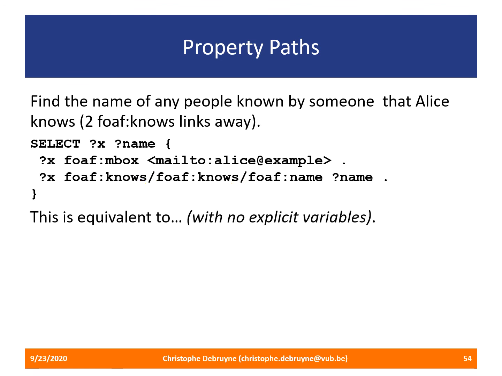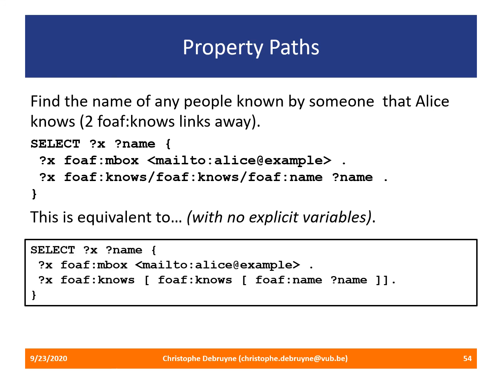Now, we can also rewrite this without explicit variables, but without using a property path. I just want to demonstrate this to illustrate the expressive capabilities of SPARQL. In this particular case, I'm availing of the square brackets that denote a variable that has no name.